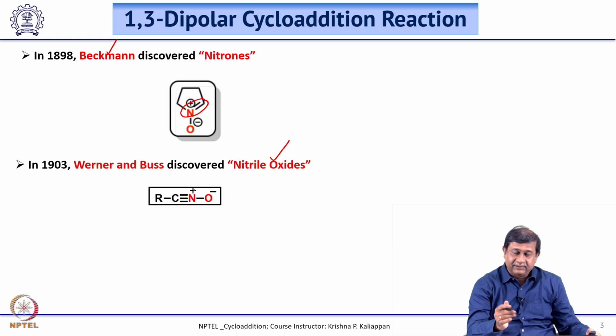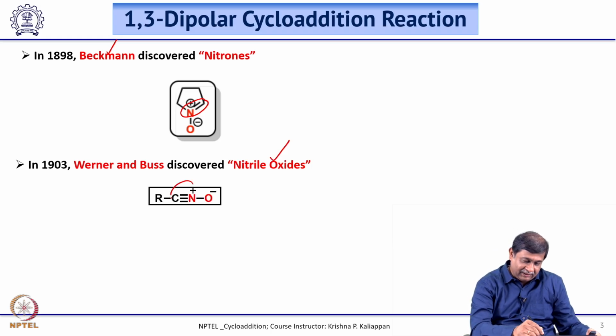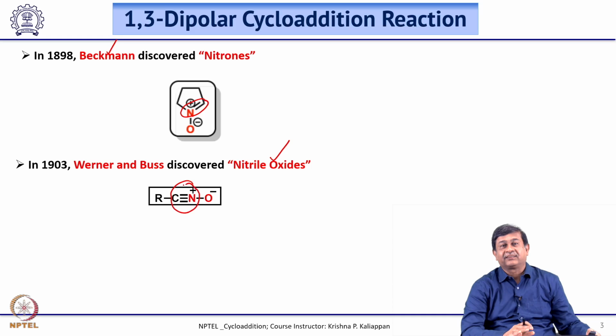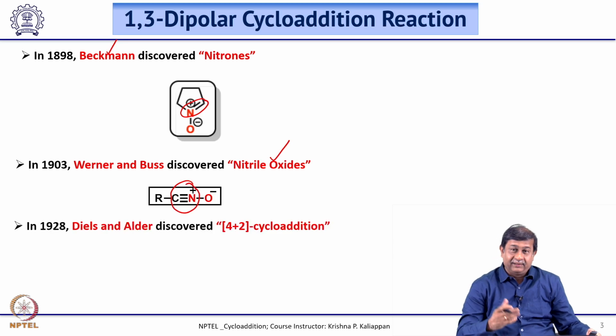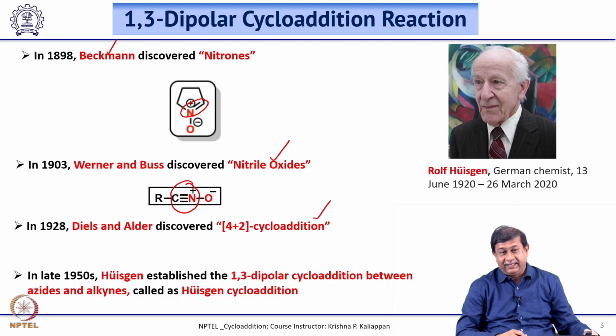Nitrile, in organic chemistry, organic cyanides are called nitriles, and N oxide of nitrile is also a type. And afterwards, after 25 years only, Diels-Alder reported the use of diene and dienophile in 4+2 cycloaddition reaction.